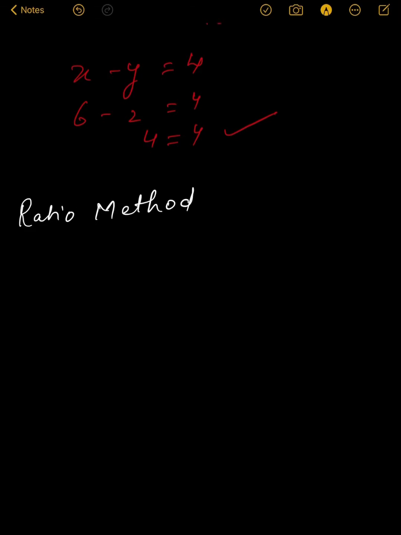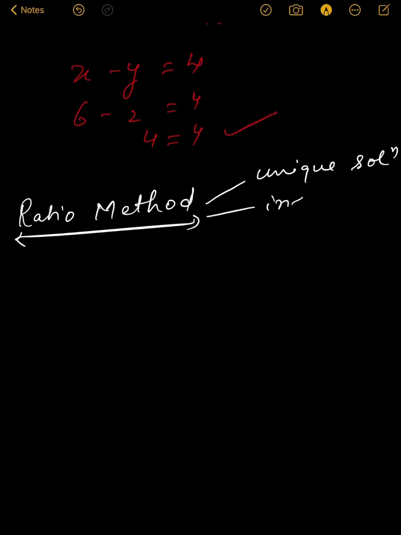Again, the ratio method can be used to tell us whether the system is consistent or inconsistent, and even whether the system has a unique solution, infinitely many solutions, or no solution. This is called the ratio method.